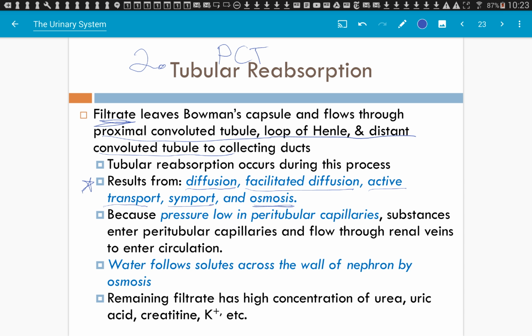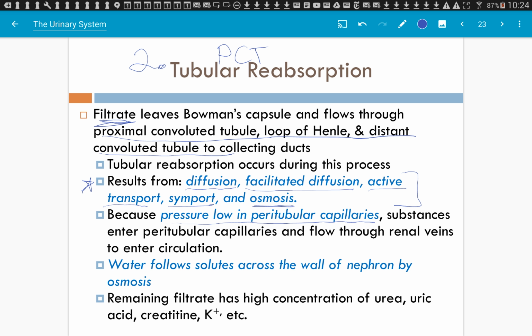So in the peritubular capillaries, the blood pressure is low. So these are the capillaries around the nephron. Okay, so they are all surrounded by blood capillaries as well, not just in the glomerulus. Substances from the nephron will be transported in any of these methods out into the renal veins.